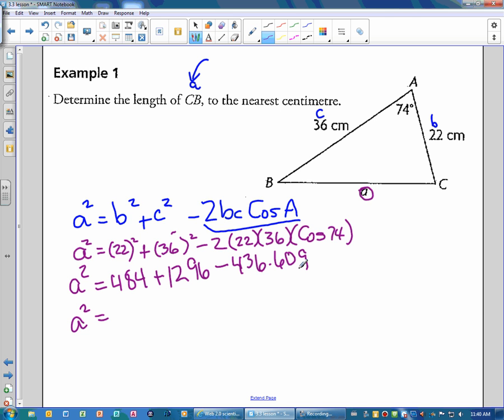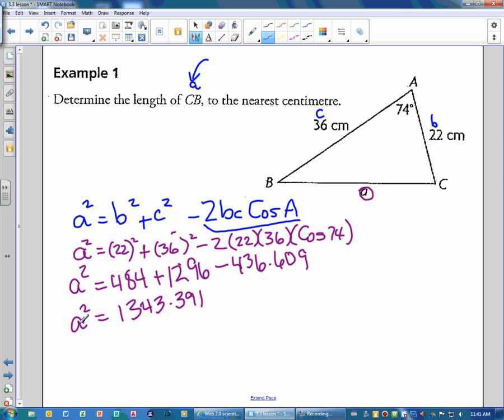I'm going to do that on my calculator on my desk. 484 plus 1,296 minus 436.609. So I get 1,343.391.